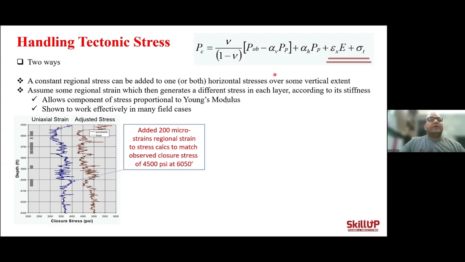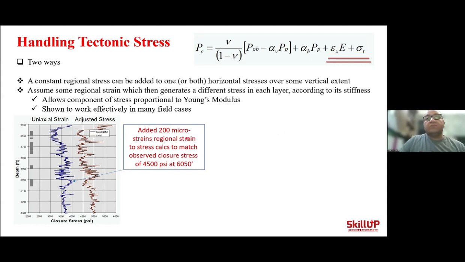So let me give you an example. If the estimated calculation of this stress actually was like 3,500, and you go with the DFIT analysis and you find out that the actual stress is 4,500, how do you calibrate this actual stress?